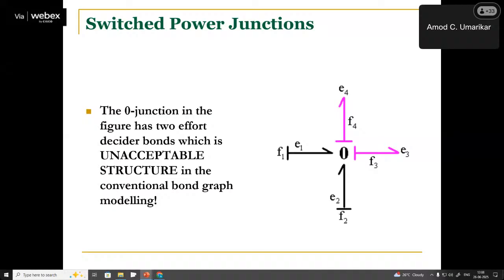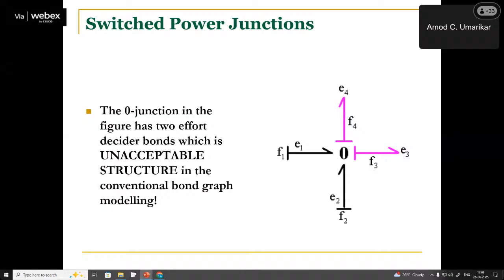Now, if I assign two effort deciders at the 0 junction, this is unacceptable, right? There cannot be two efforts at the 0 junction. In the conventional bond graph, do you agree? Yes, sir.